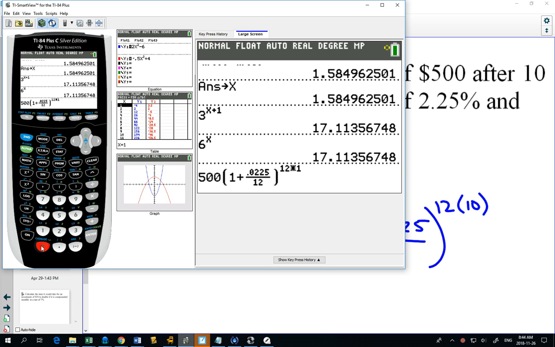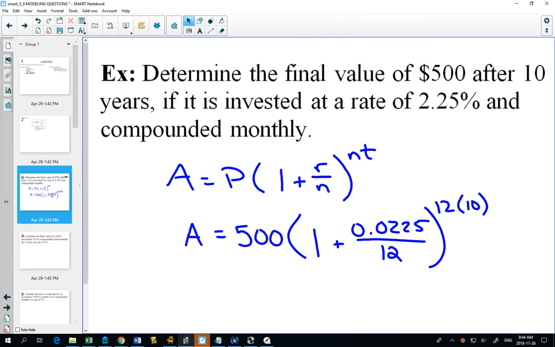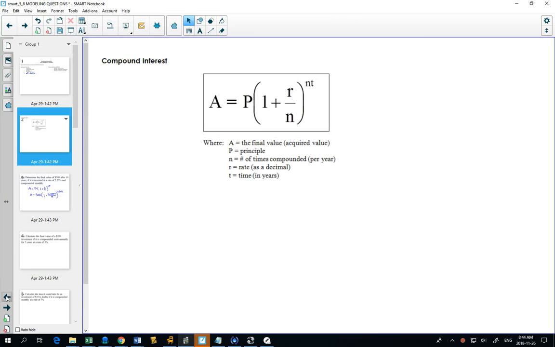Because it was compounded monthly, and if we go back to our formula here, the N stands for the number of times that it's compounded per year. So monthly means it would be compounded 12 times per year. If it said daily, you'd put in 365. Sometimes it says weekly, then there's 52 weeks in a year.